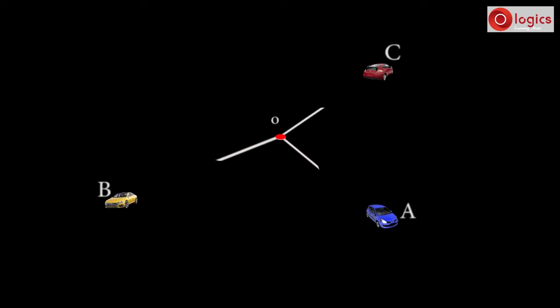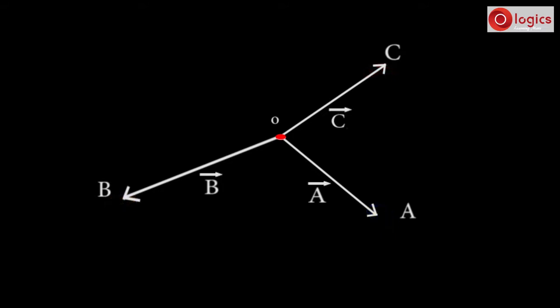Now, let us see what are co-initial vectors. This is point O. From this point O, vehicles A, B, C start moving in different directions. Now, the movement of these vehicles is represented by vectors A bar, B bar, C bar.